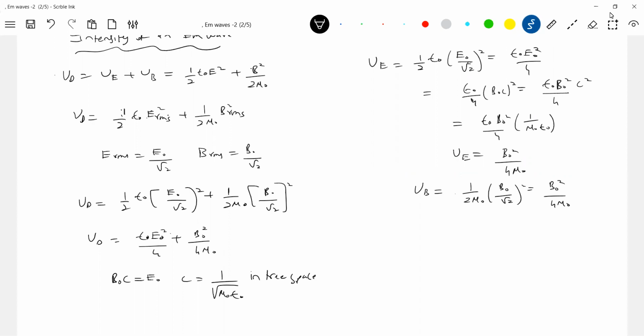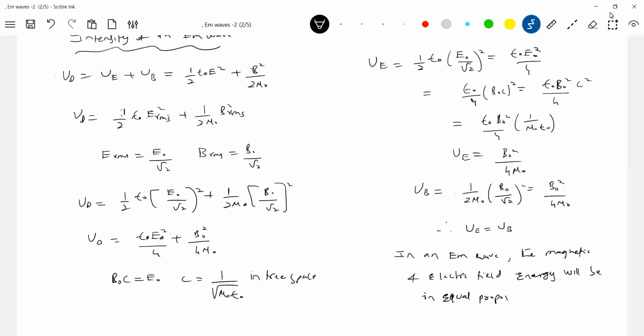So in an EM wave, the magnetic and electric field energy will be in equal proportion. Both will be in equal proportion. That's what we are concluding.